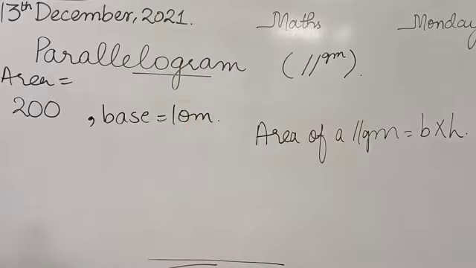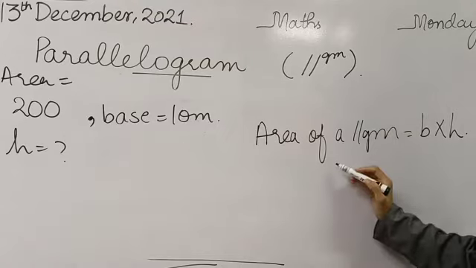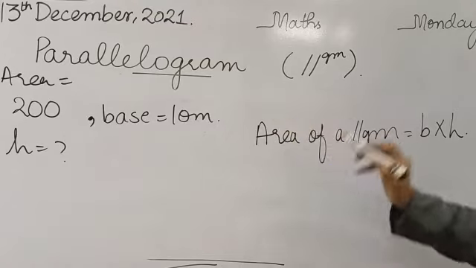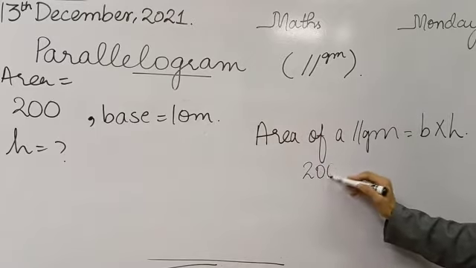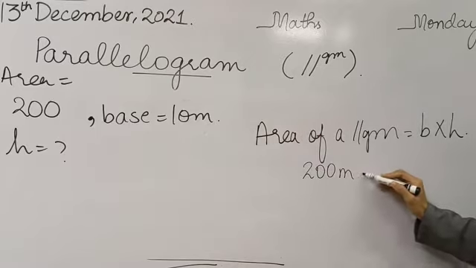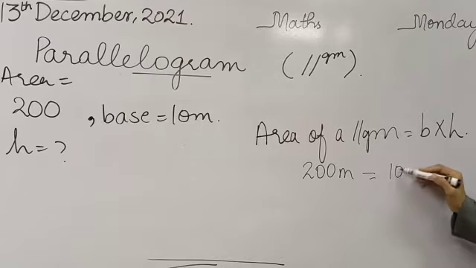Then what will be its height? How will we find out its height? Just write the formula, area of parallelogram. What is area? 200. And what is base? 10 meter multiplied by height.